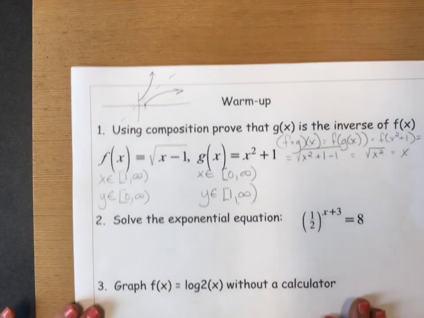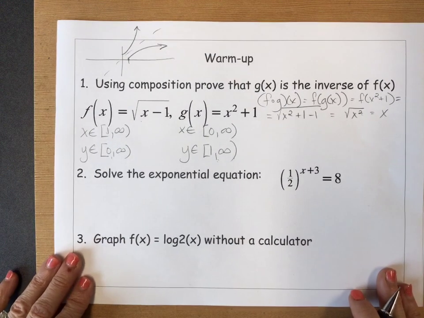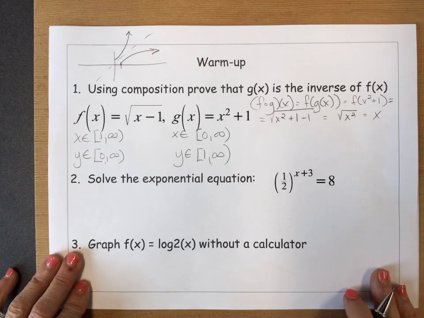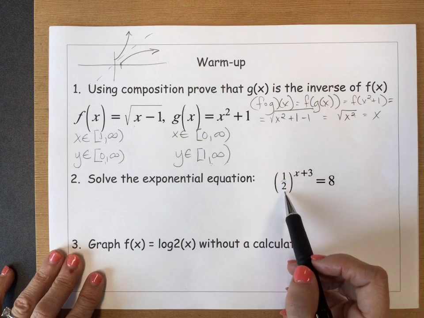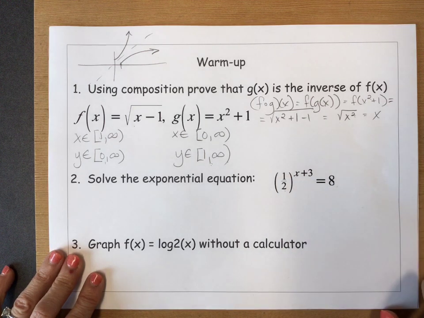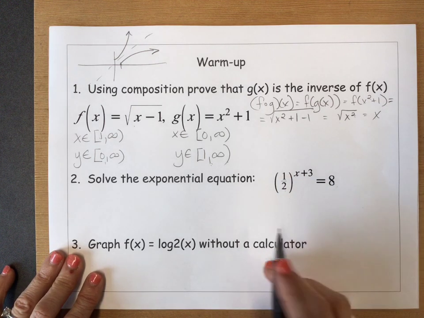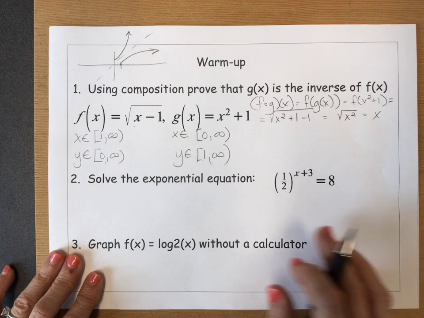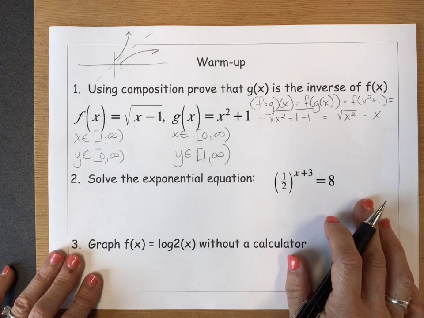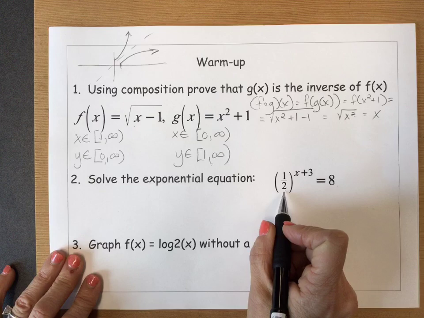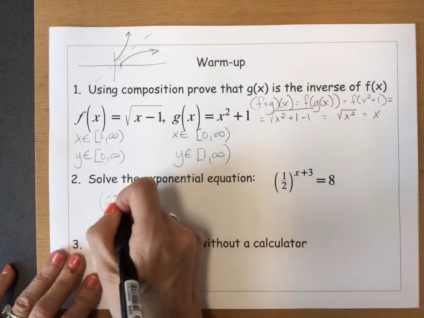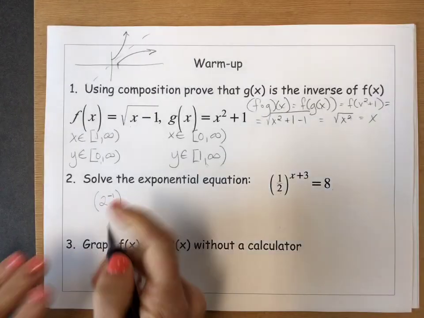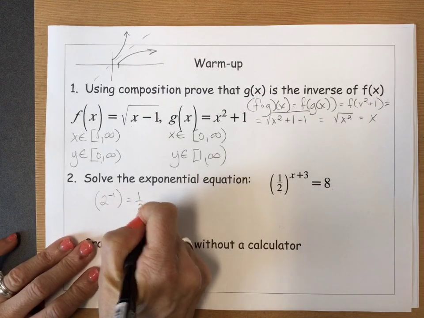Moving on to exponential equations and solving. Remember, we had the uniqueness property, and so we want to make 1/2 and 8 have similar bases. I'm going to say base 2 is something that 1/2 and 8 both have in common. So instead of 1/2, I'm going to write 2 to the negative 1, because I know that is equivalent to 1/2.